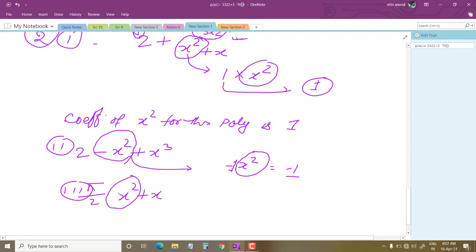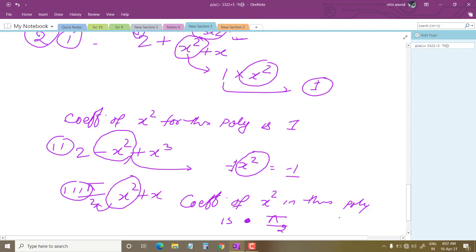See what is before x square. We will write: coefficient of x square in this polynomial is pi by 2. This is not a minus. Pi by 2. Clear?